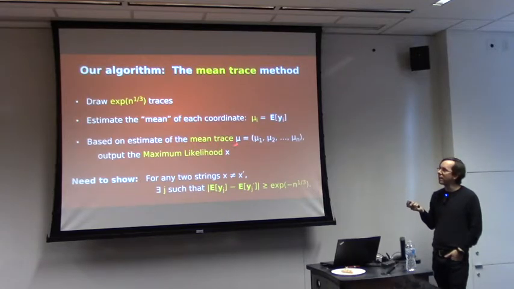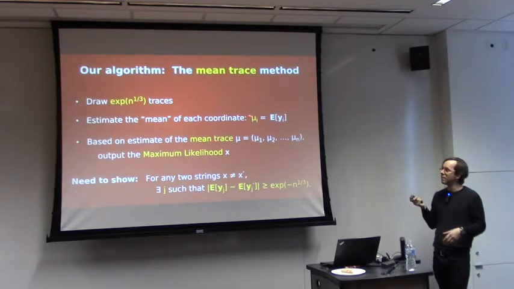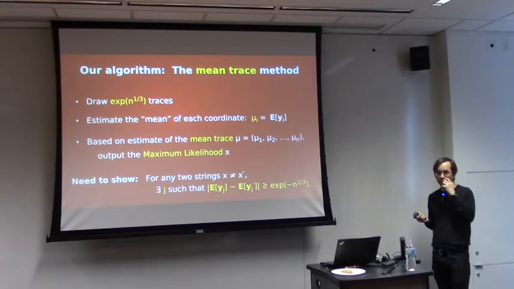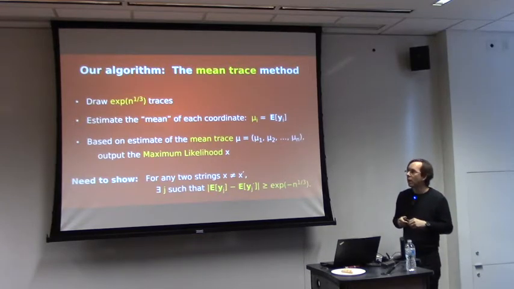If you estimate all of these mu_i's using this many samples, by the most basic sampling fact, your error can be made less than this. And therefore you can tell the difference between these two cases. So the mu_i's are the empirical estimate, I guess, in this notation. But I'm not going to actually talk about the empirical estimates anymore.